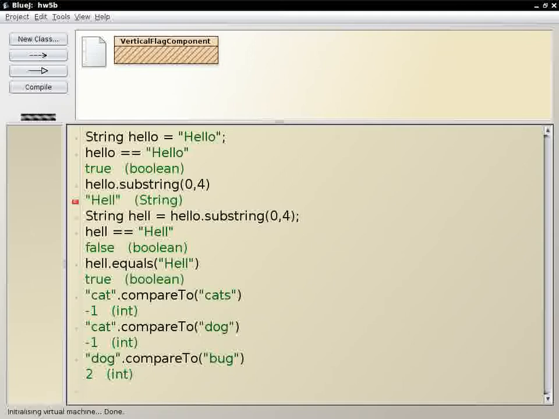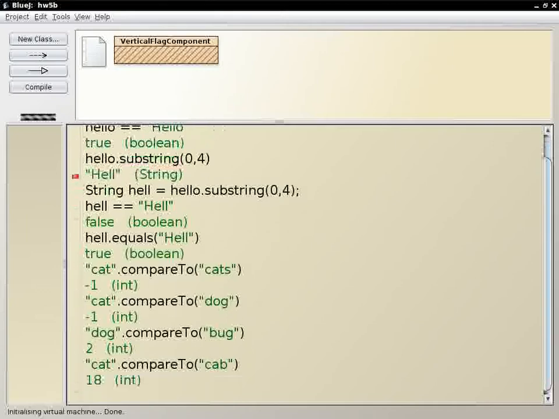So if I were to compare cat compareTo, and now I'll take, say, CA, like a B. Then it'll compare the C against the C, they match, compares the A, they match, and then it computes the code for T, subtracts from that the code for B, and if that difference is negative, it just returns that value, or if it's positive. 18 letters away. Yes, it's 18 letters away.